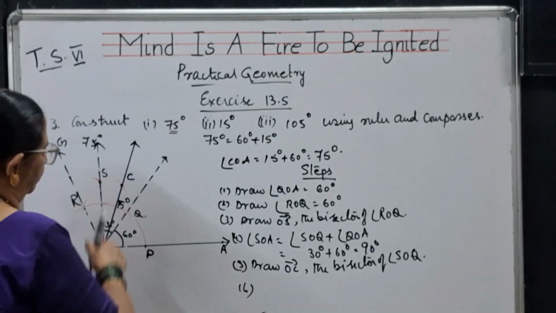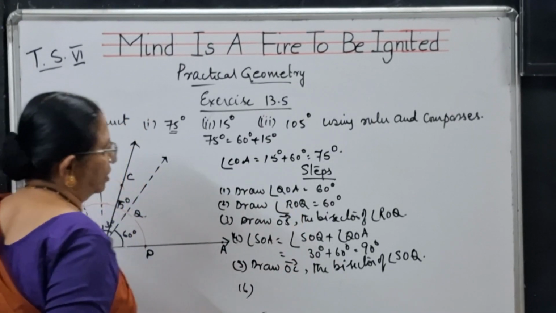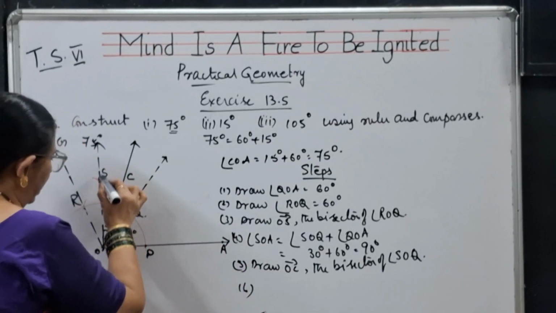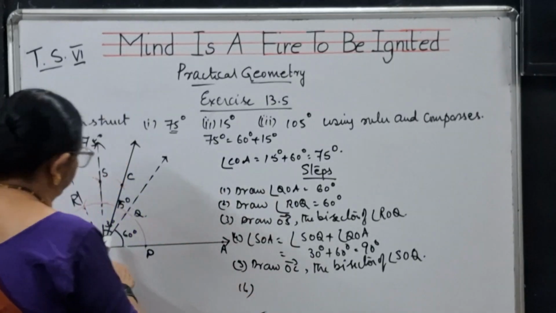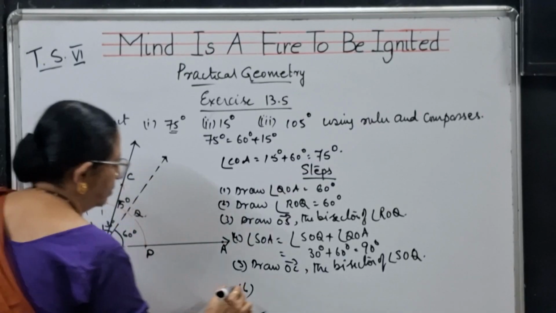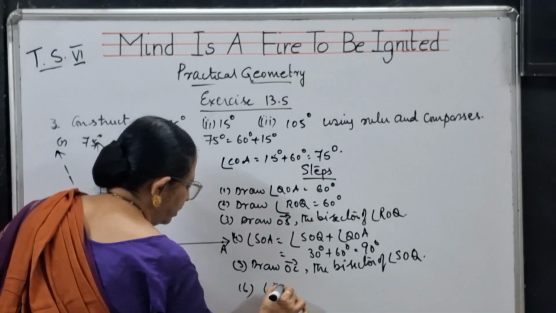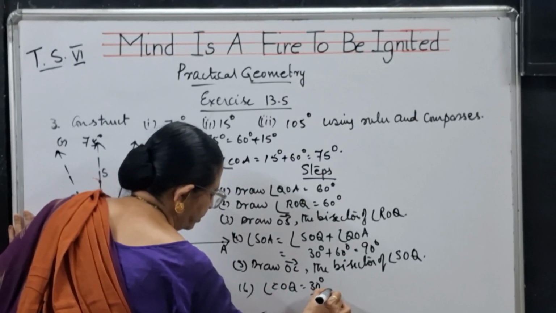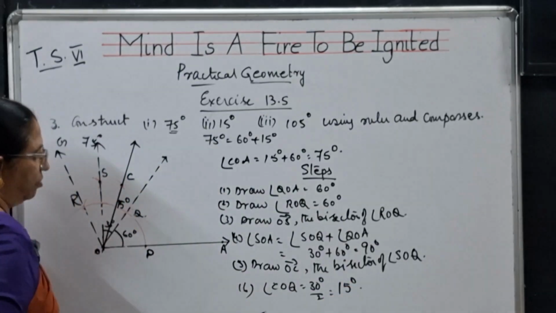How much is angle SOQ? Angle SOQ is 30. OC is the bisector, no? So angle COQ is equal to 30 degrees by 2, that is equal to 15 degrees. This is 15 degrees.